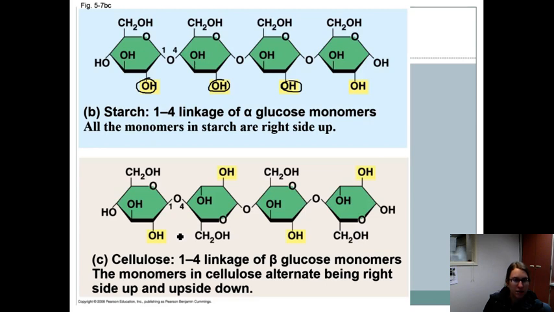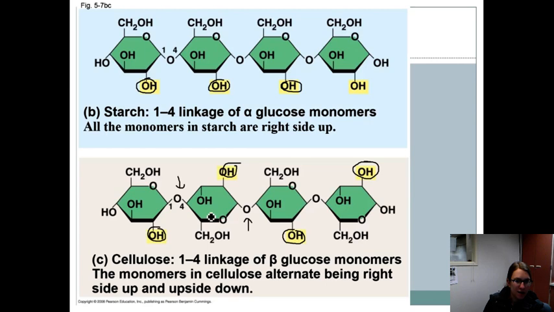And so you can see that in some of them it's down at the bottom and some of them it's up. It alternates. And it turns out that that creates a difference in the bonds. You can see the oxygen in this first bond. The bonds going to it are going up, and in this one they're going down.